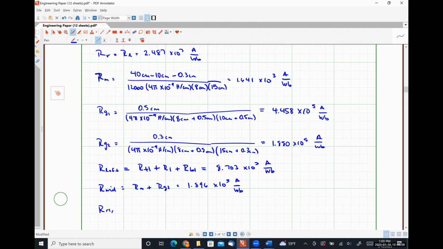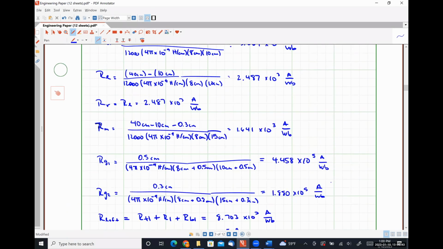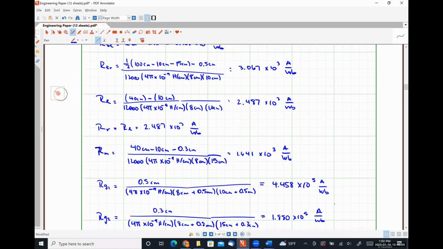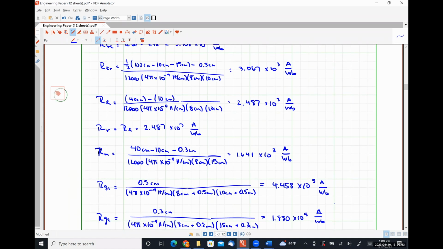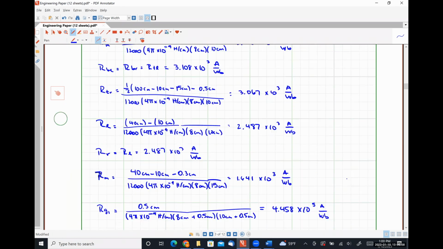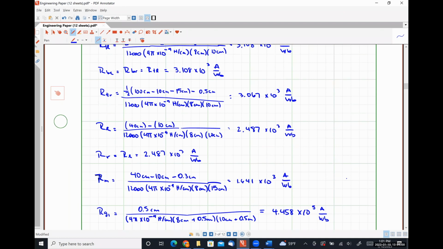And then our right is going to be R top right plus RG1 plus R right plus R bottom right. So let's see, RTR 3.067 times 10 to the 3. RG1 4.458 times 10 to the 5. RR 2.487 times 10 to the 3.